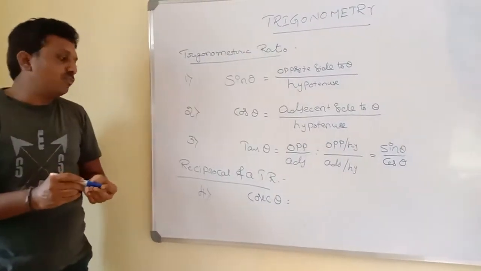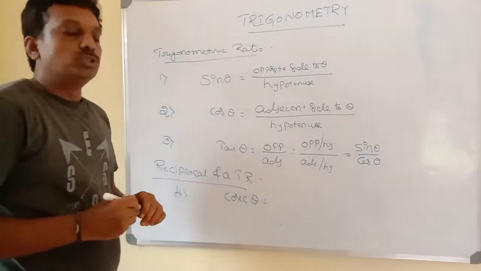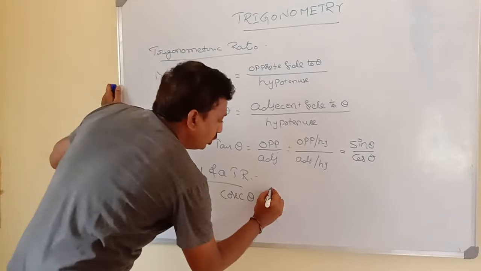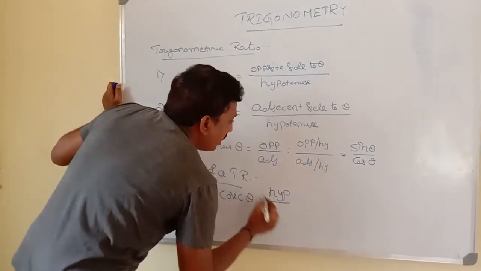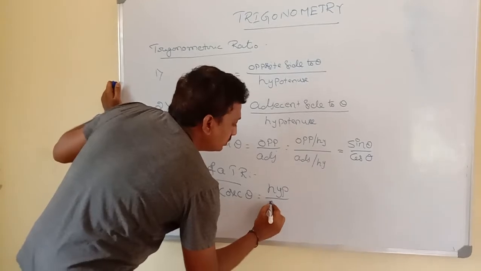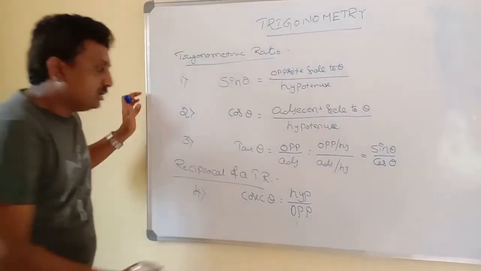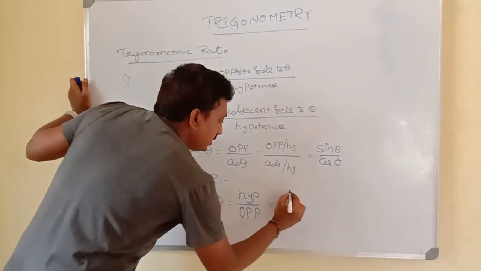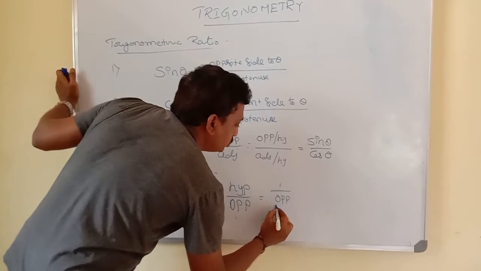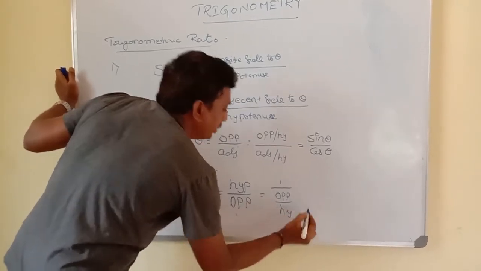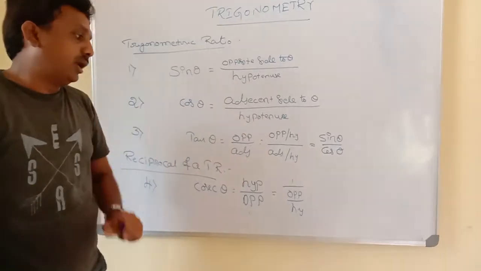The ratio of the hypotenuse and the opposite side to theta. Observe, friends, I am writing this: 1 by opposite side to theta by hypotenuse.